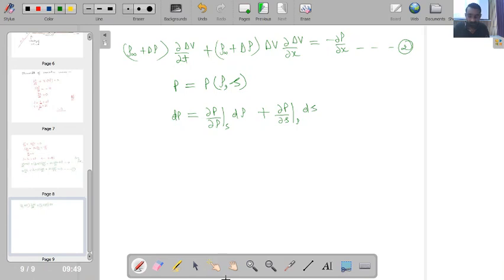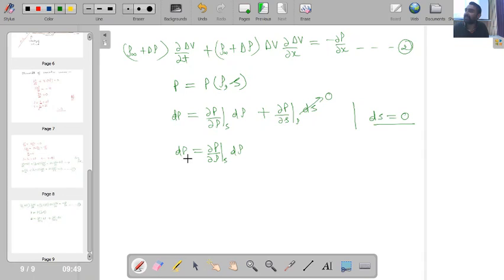Now, ultimately, because we are talking about acoustic wave propagation, the process of an acoustic wave is nothing but an isentropic process. So for isentropic wave propagation, dS will be equal to 0. So ultimately I will get dP equal to del P by del rho at constant entropy into d rho.